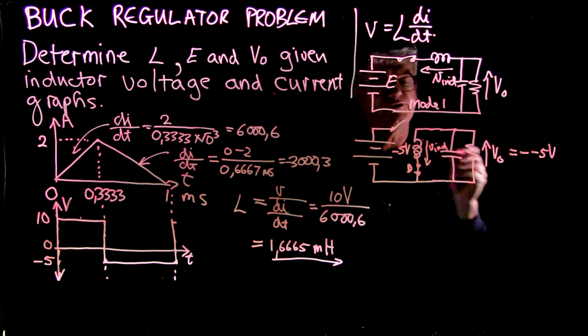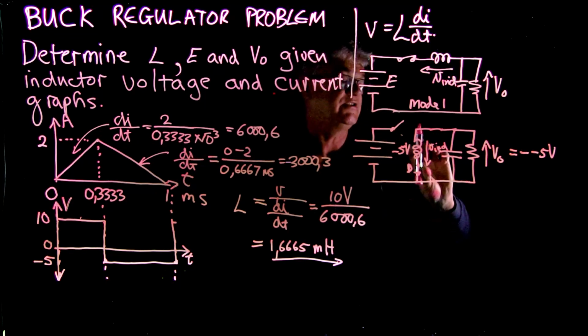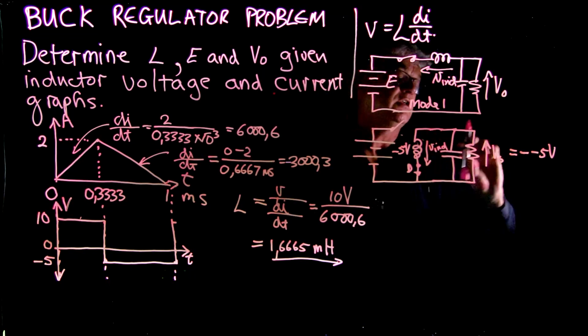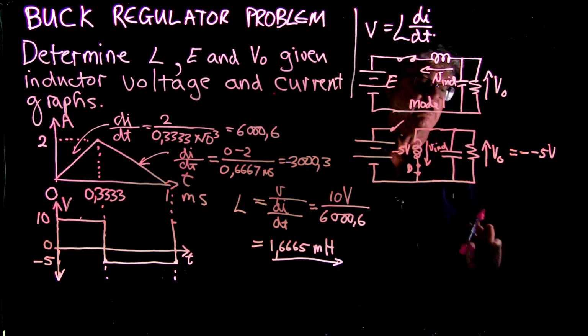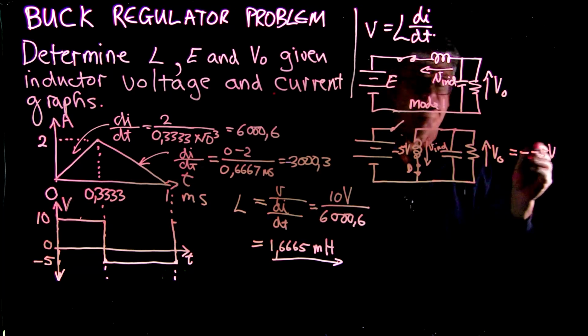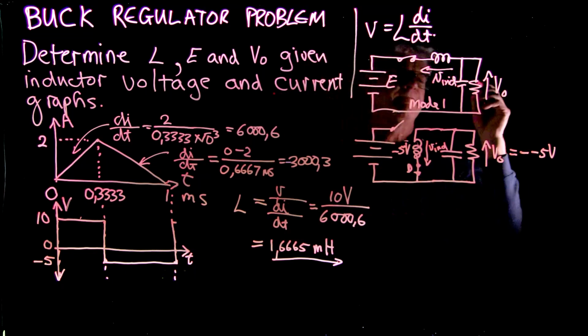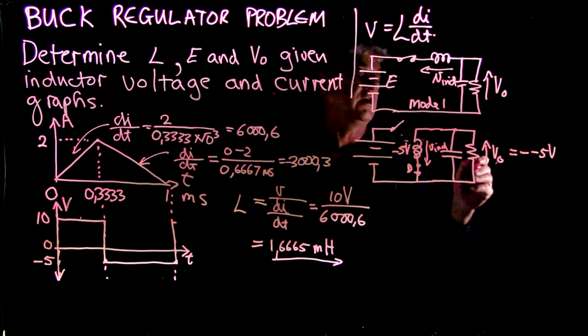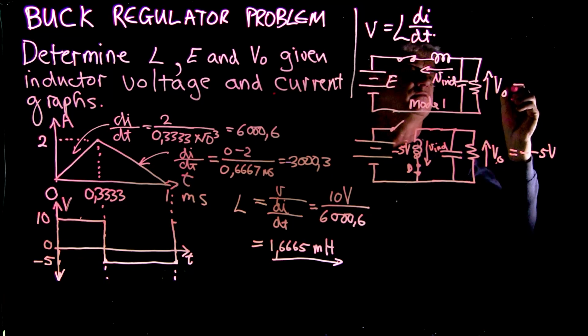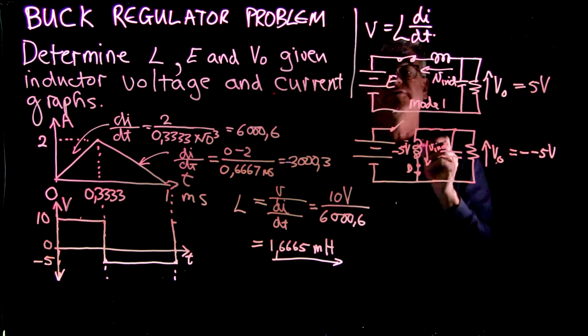This minus is due to the fact that there's 180 degrees phase change with the arrows, one going down, other one going up, and the minus 5 is the inductor voltage that we got from the graph. So here we now know that V out is 5 volts. So we can write there that V out is 5 volts.